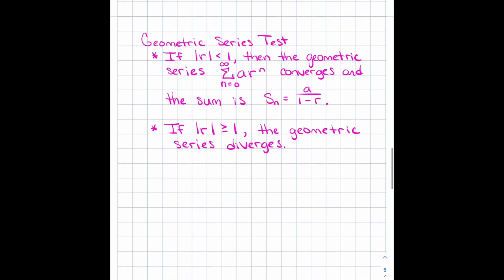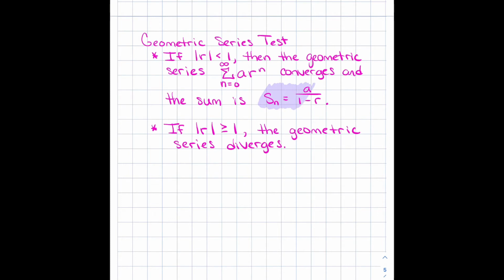Okay, so let's look at the geometric series test. This one can prove convergence or divergence, as long as the absolute value of r is less than 1. In other words, as long as those numbers are getting smaller. So if we're multiplying by a fraction that's less than 1, then the geometric series converges, and we can actually calculate the sum.